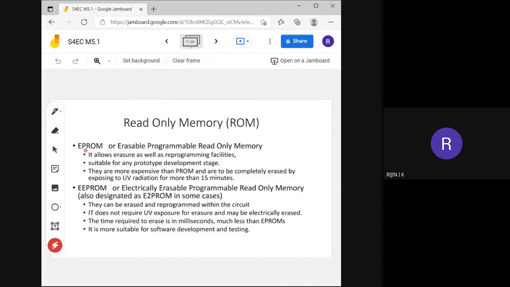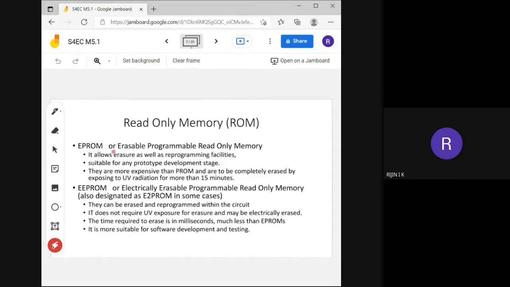Then the next one is EPROM, or erasable programmable read-only memory. Erasable programmable read-only memory means it allows erasing as well as reprogramming. That means we can erase the content in the memory and also reprogram it.